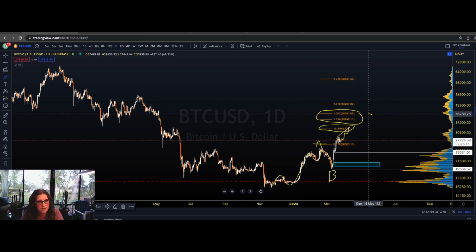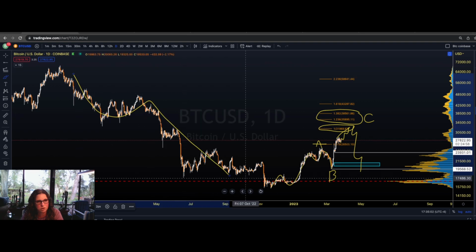This would be a C wave. At this point is when we would see that harsh rejection coming down in 5 waves. This would mean that we are putting in a partner leg for this bearish wave to the left, coming down deeper for a Y wave or a Z wave.